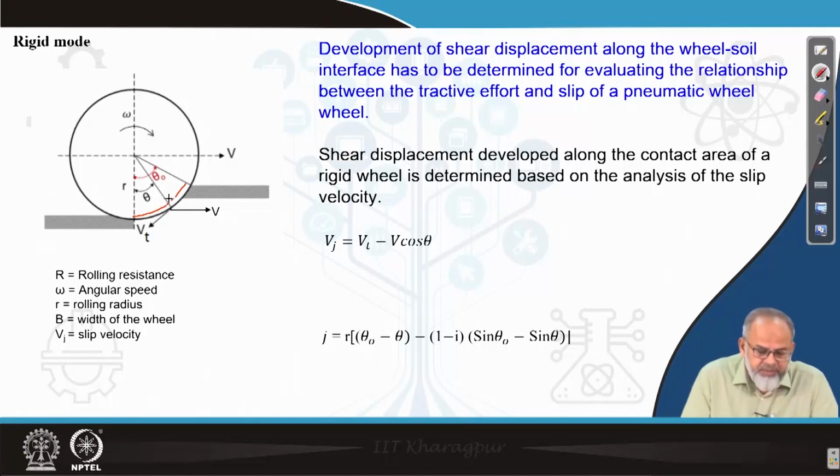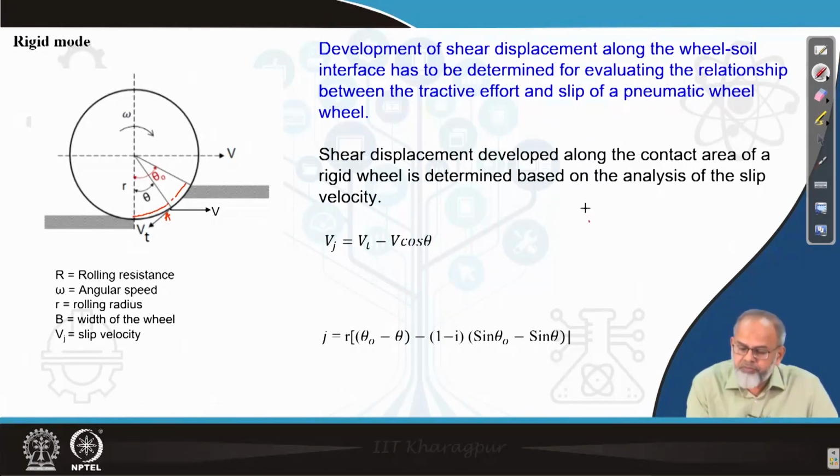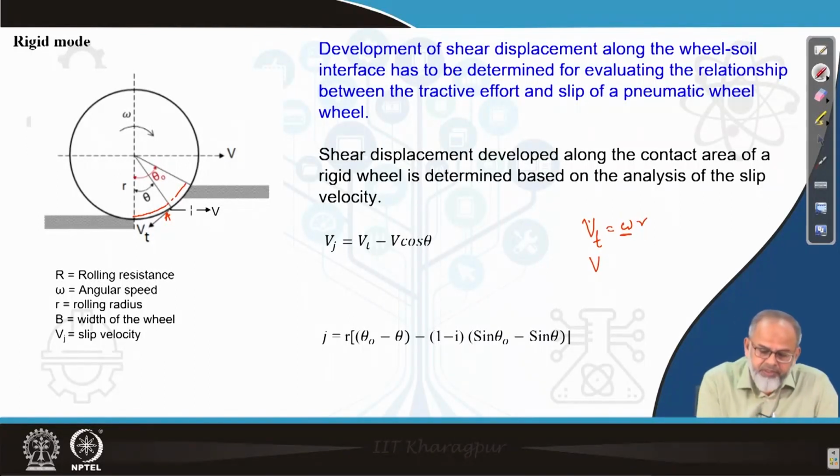So what is slip velocity? Slip velocity is the difference between the theoretical speed Vt and the actual speed V. If you consider a point here as A, then at that point the theoretical speed Vt will be equal to omega r, where r is the rolling radius and omega is the angular speed, and the actual velocity is V. Now if you take a tangential component here at the point A parallel to Vt, then the component of V will be V cos theta, because you have considered the point A at an angle theta.